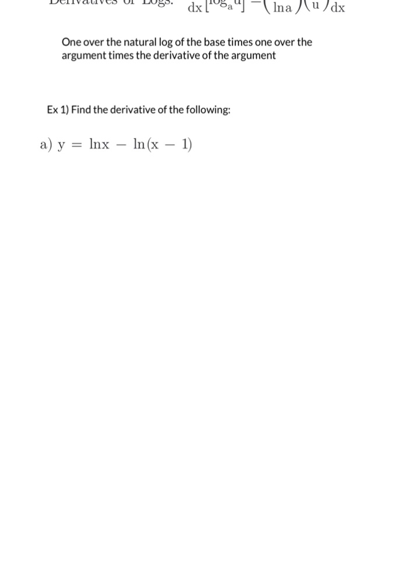And the derivative for a natural log, you do 1 over the argument. The argument of the natural log is what you are doing the natural log of. So it would be 1 over x times the derivative of the argument. The derivative of x is 1.